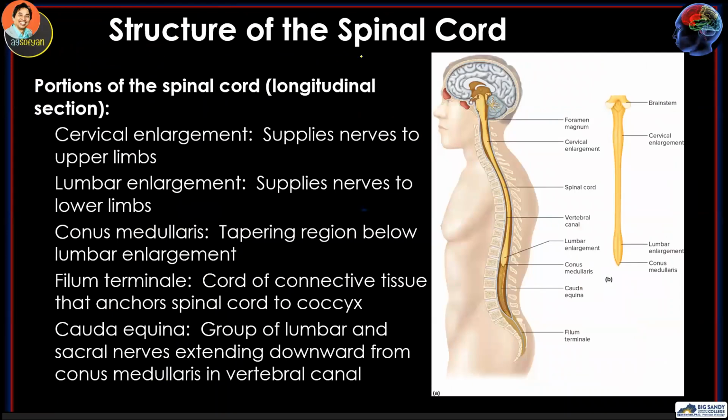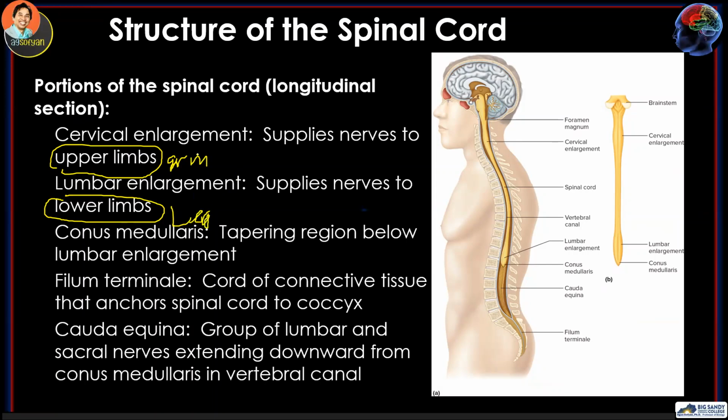Now, for the structure of the spinal cord, there are several portions that are enlarged, and these enlargements supply nerves for the upper limbs and also the lower limbs, which are our arms and our legs over here.